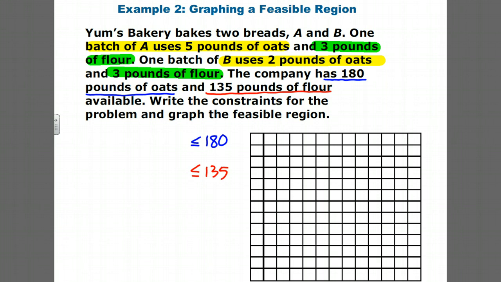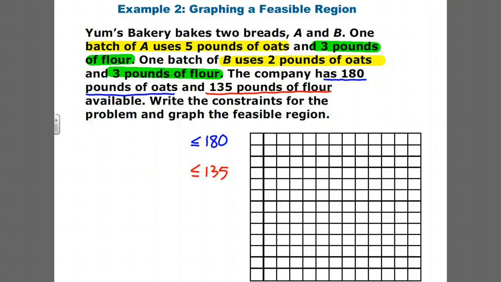Now we need to come up with expressions for how many pounds of oats they use and how many pounds of flour they use, based on the varying number of batches of which type of bread they make. So what are our variables going to be?